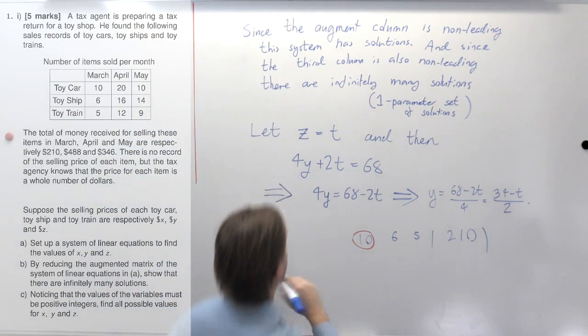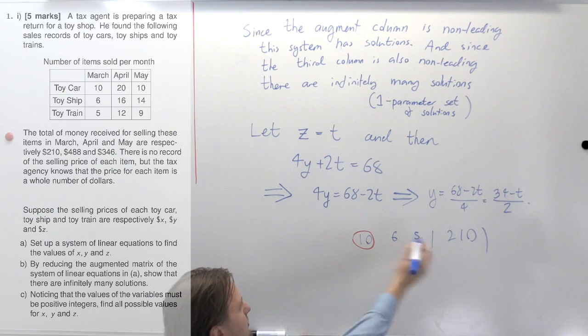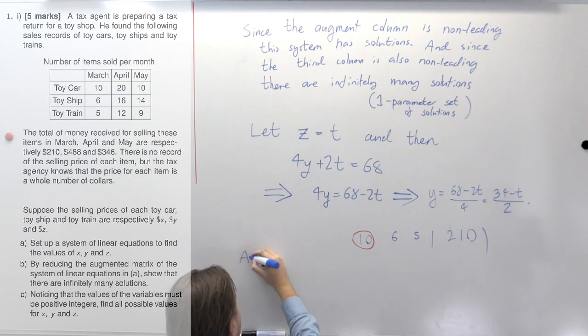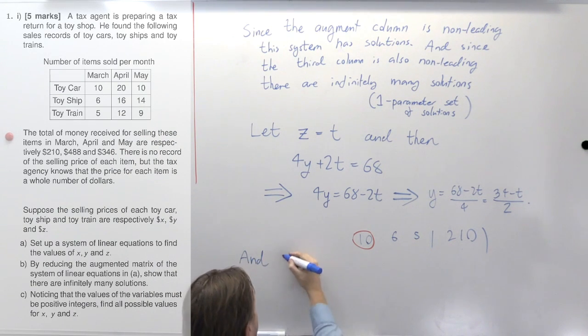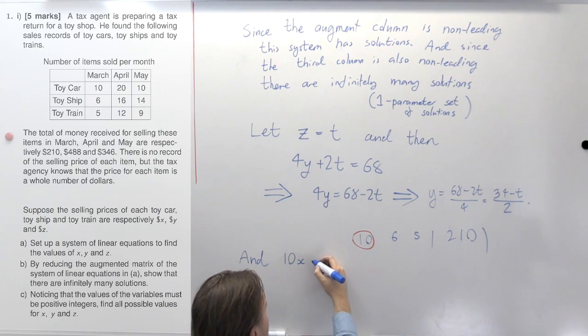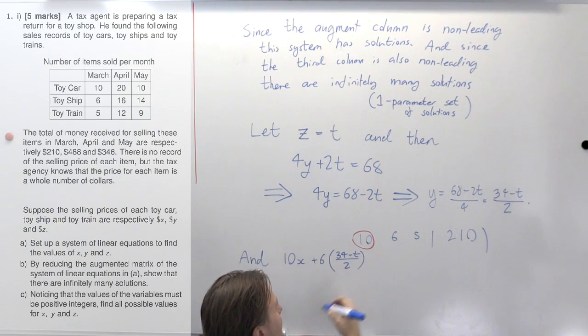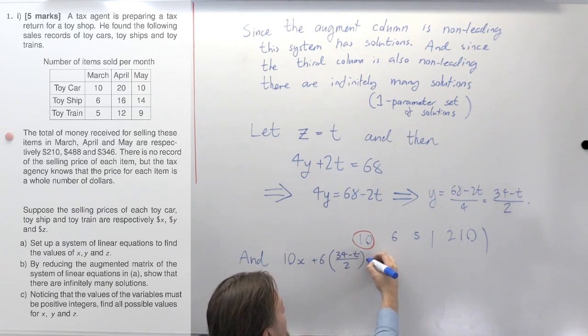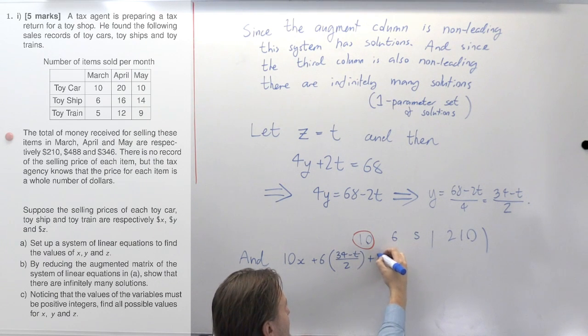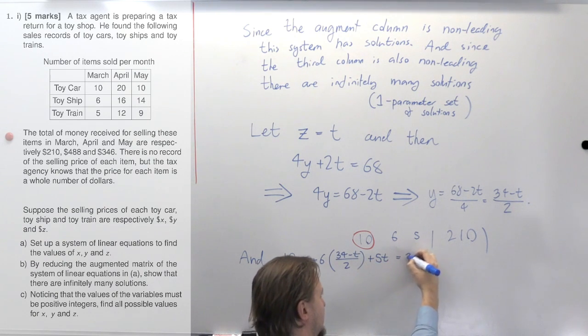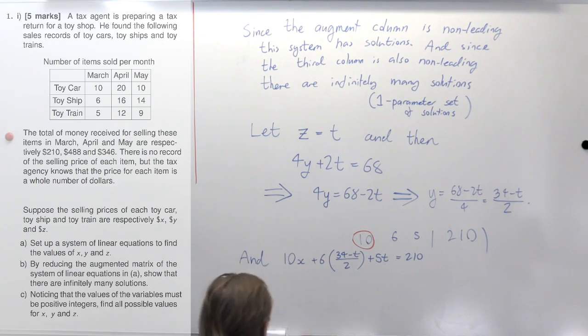So what do we get? This tells me that 10 times x plus 6 times, and I'm just going to slip in what y is here, 34 minus t on 2, plus 5t equals 210.